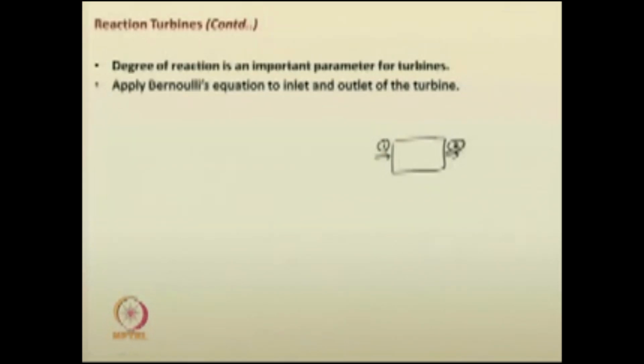If we apply Bernoulli's equation to the inlet and outlet of the turbine, you can write it in the following form: pressure head plus velocity head at the inlet, and datum head.